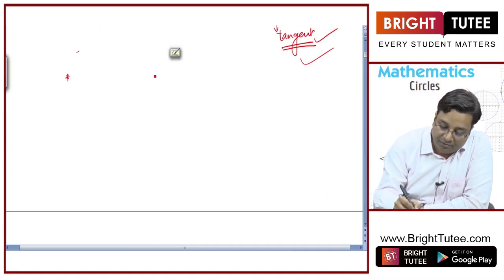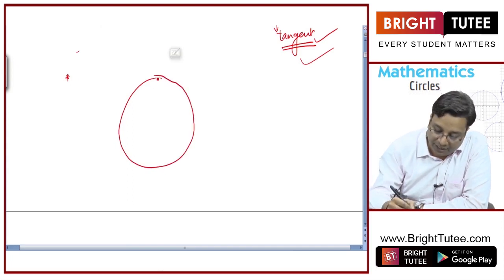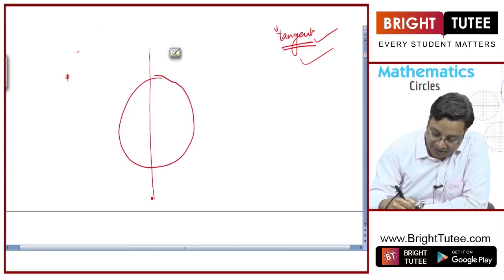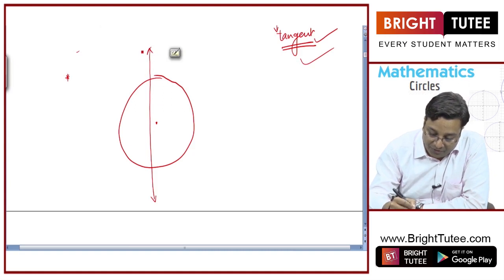First point here is, let us say this is a circle, okay, and if you draw a secant here, right, and let us say this is the center. Now if you keep moving away from the center, this secant will cut at 2 points, right?